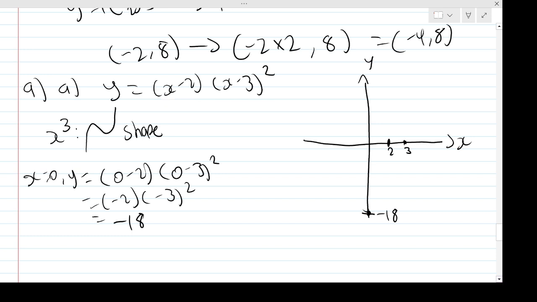So at 3 it's going to touch the axis, so it's going to look like this then, and it's going to touch the axis at 3. So with that all in mind, my graph is going to look like this. And it's going to touch it there, and then it's going to bounce back up. Cool, so that's my graph. Y is x minus 2, x minus 3 all squared.